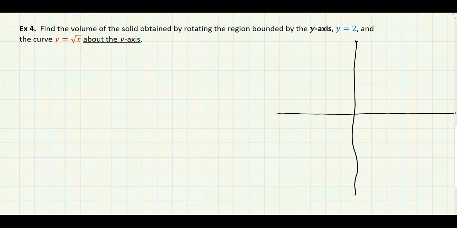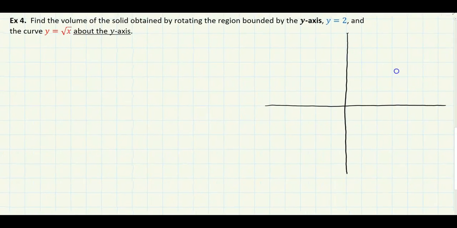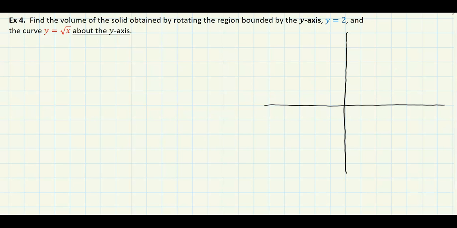And then we are going to have the x-axis, and then we're going to draw the line y equals 2. Okay, so I'm going to make this a little bit larger here. This is the line y equals 2.